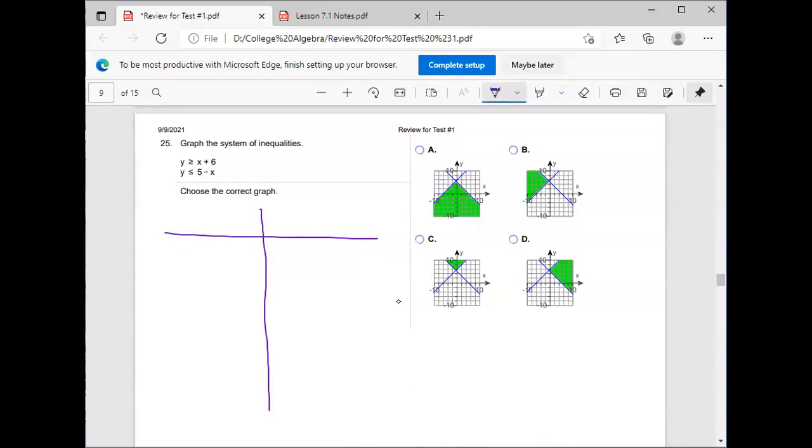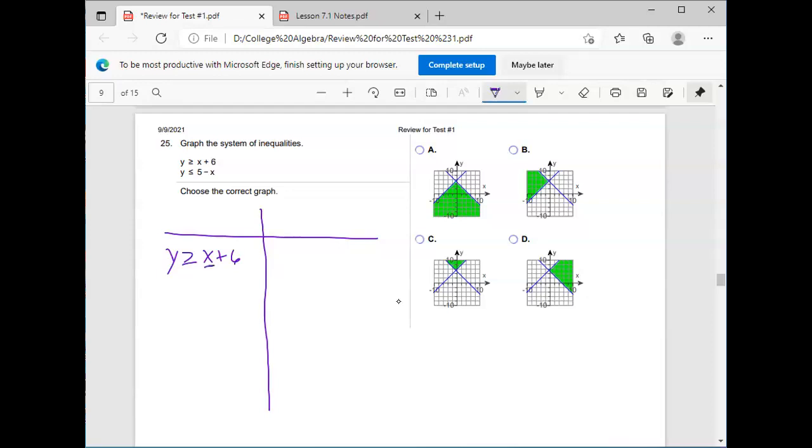So I don't really have to worry about drawing the lines, but what I do have to worry about is which line is which. Does that make sense? I need to know which one of them is Y is greater than or equal to X plus 6, and I need to know which one of them is Y is less than 5 minus X. That's important.